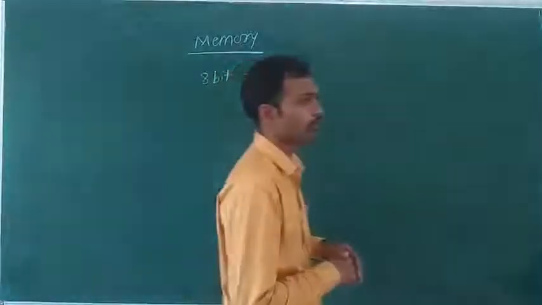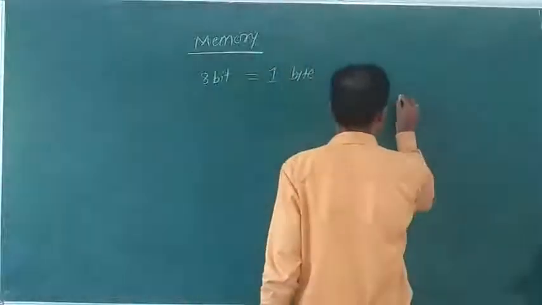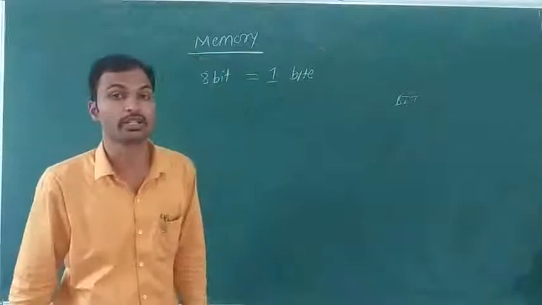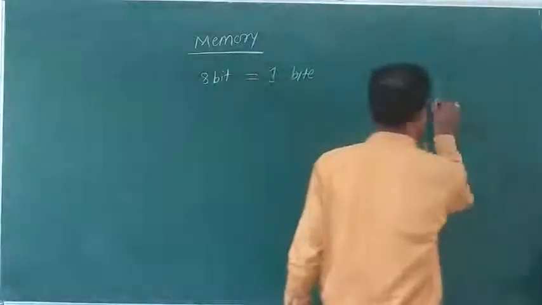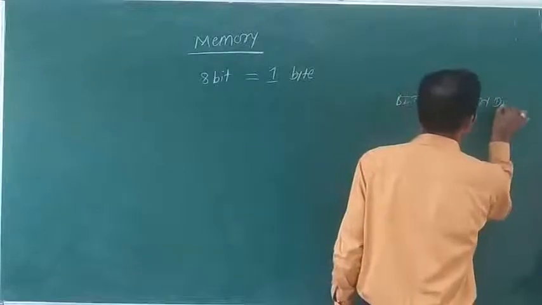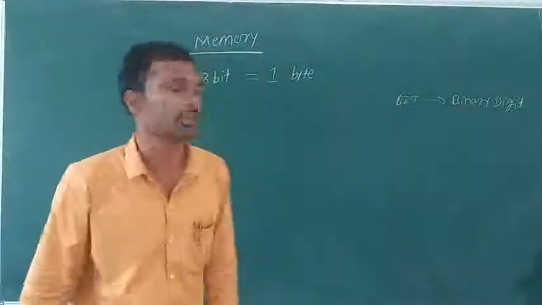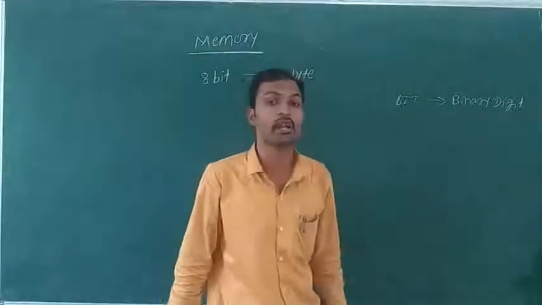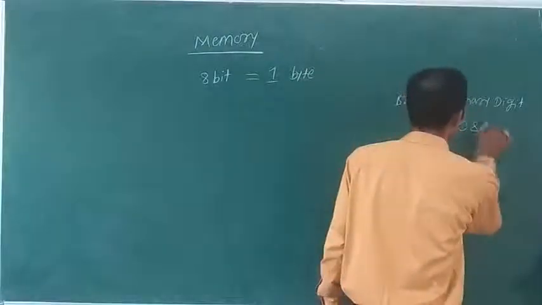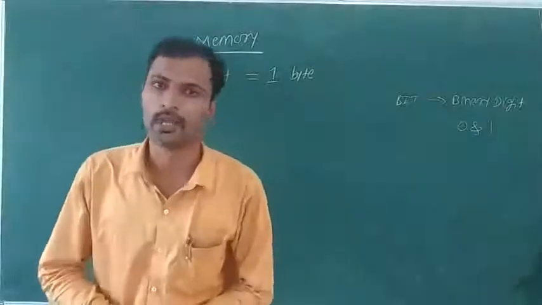Now, what do you mean by bit? First you can learn this one. Bit means binary digit. Which are the binary digits? 0 and 1. Binary digits are 0s and 1s.